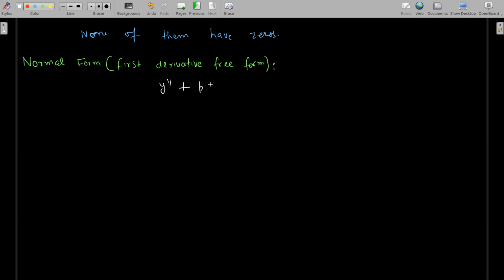Let us write this. So we can convert this form into derivative free form. So this is just a transformation. We assume that y equal to uv. Then write first derivative. Then write second derivative.